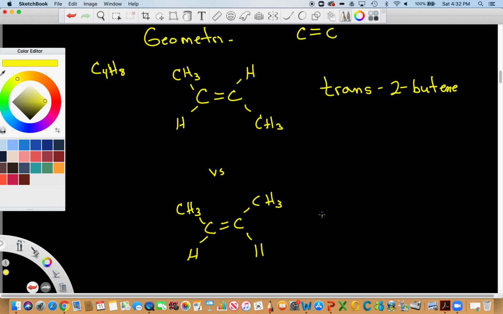This bottom one here is known as cis-2-butene. These are geometrical isomers. They're only different because of the geometries around the double bond.